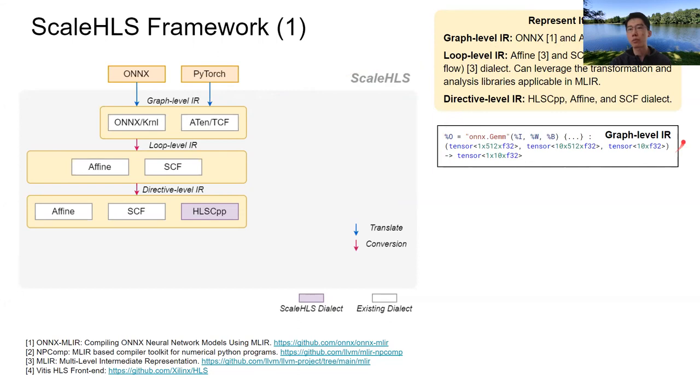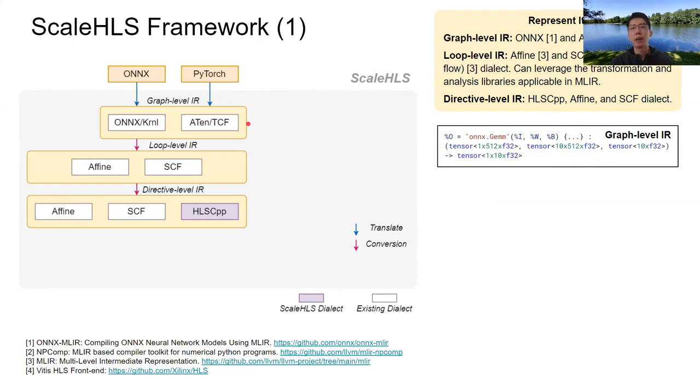And here is a very simple example of a GEMM operation in ONNX. You can observe at the graph level, the operations are taking tensor values as operands and generating other tensor results, and it's pretty high level.